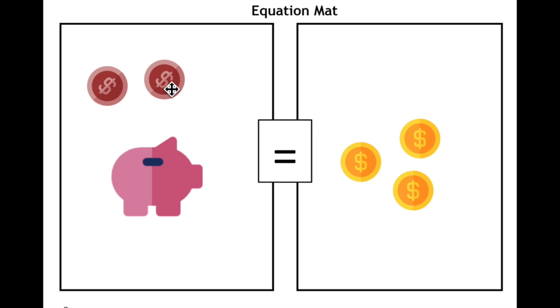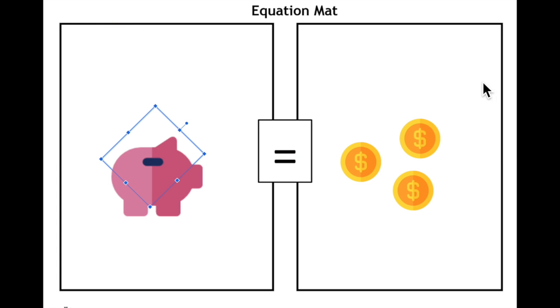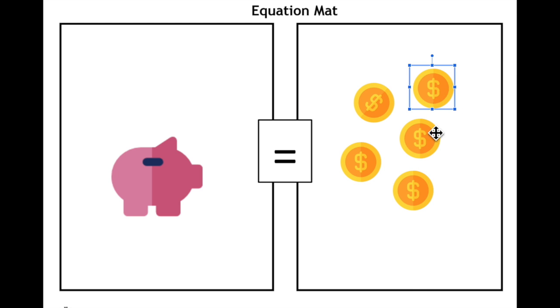I took 2 coins out from here, so I put them back in. And then I got to put them back in over here too. And there you go. So, how many coins were in the piggy bank in the first place?